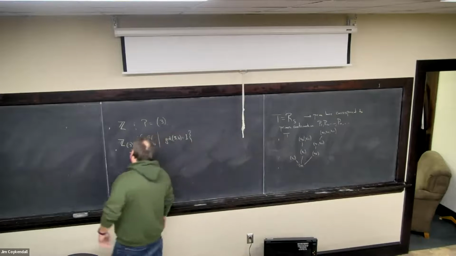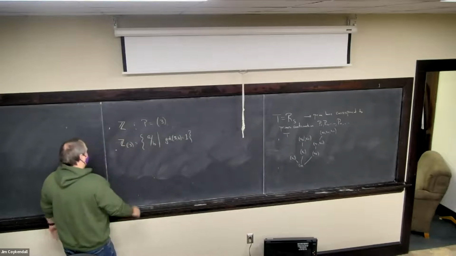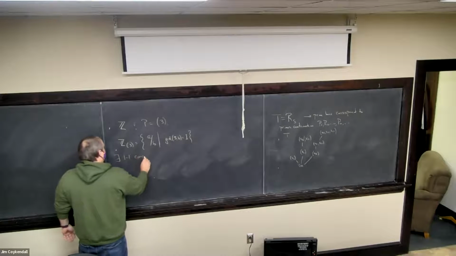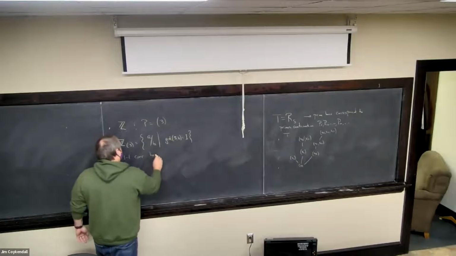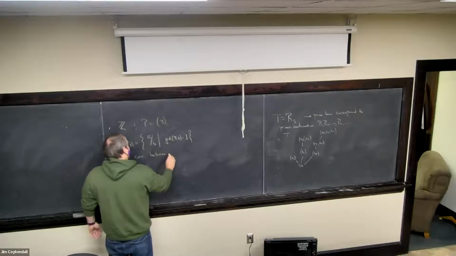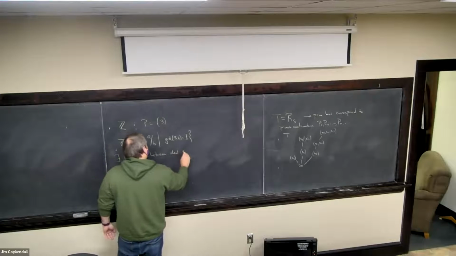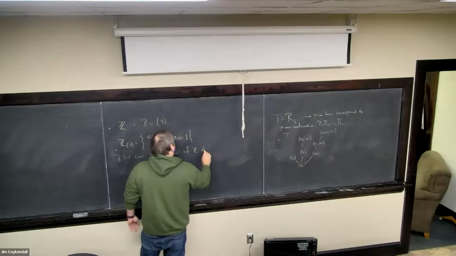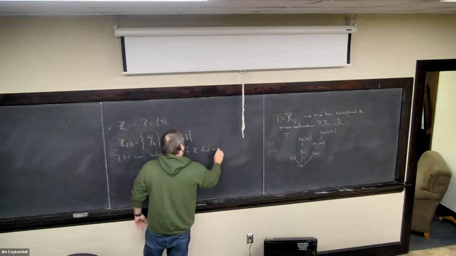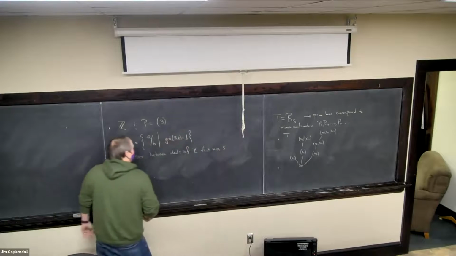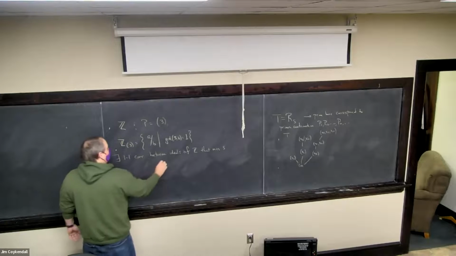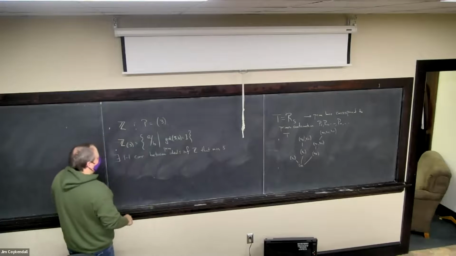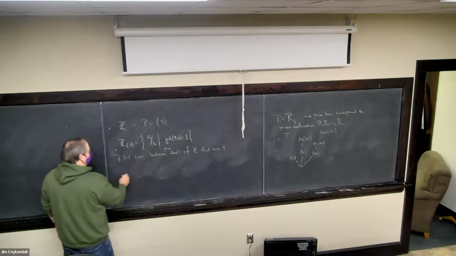And so notice that there exists a one-to-one correspondence between ideals of Z that miss S, prime ideals, and also the ideals of that form too.